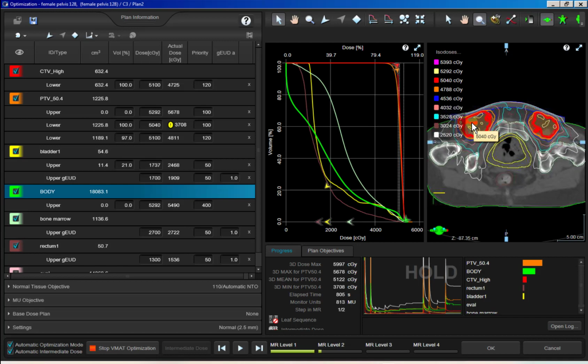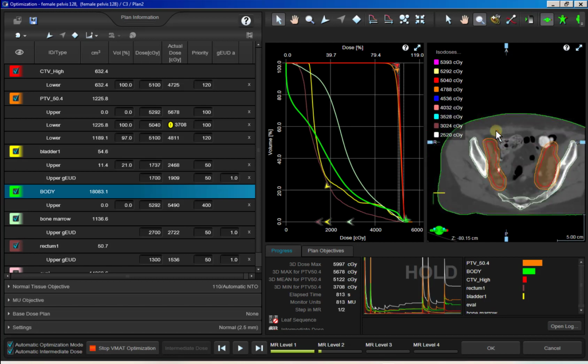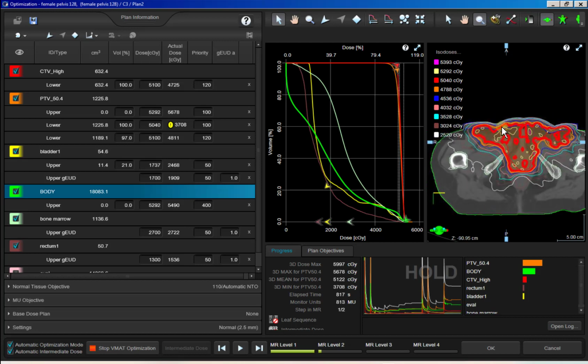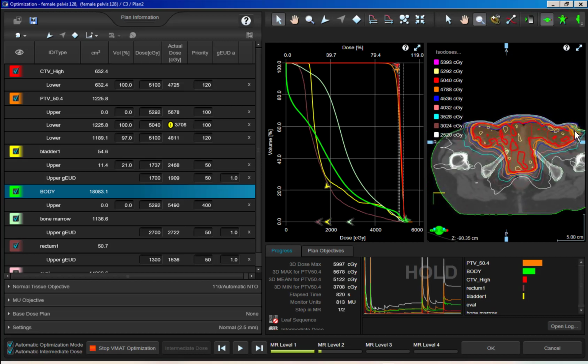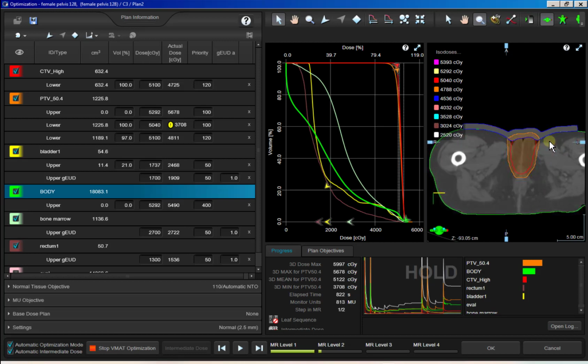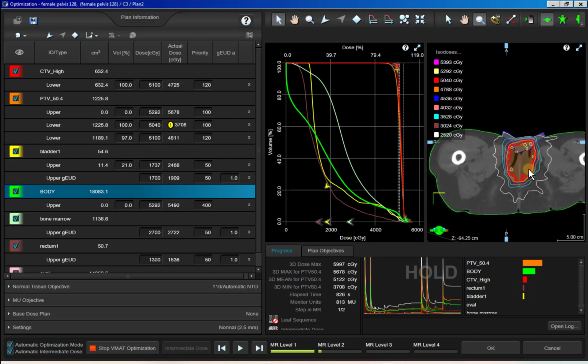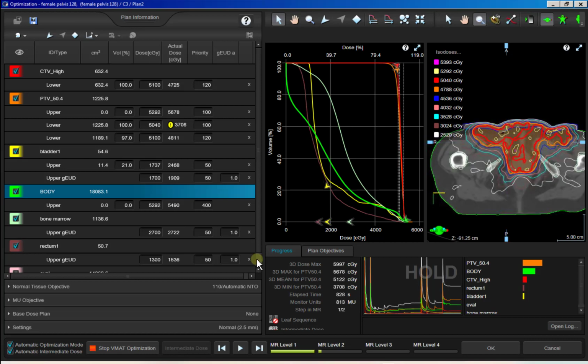Our PTV extends 5 millimeters outside the body. Our bolus is 10 millimeters thick, so we should have 5 millimeters of margin, right? But maybe that's not enough, or maybe we cut our bolus too short on the edges. Not positive. So we'll just let this play out and we'll just have to evaluate when it finishes, I think.